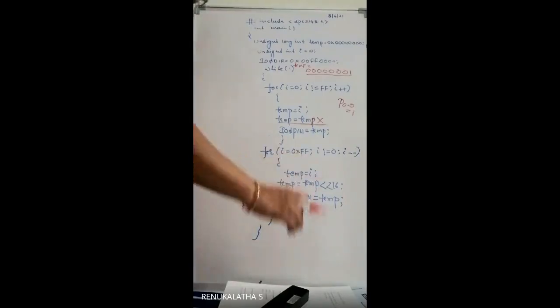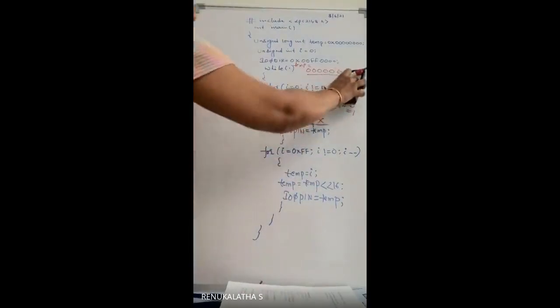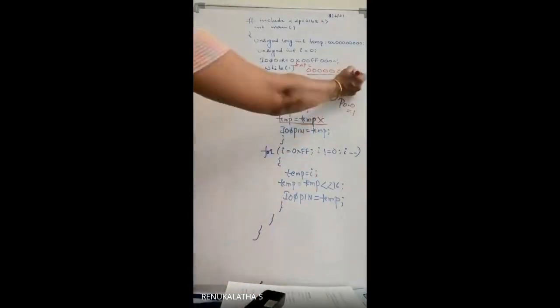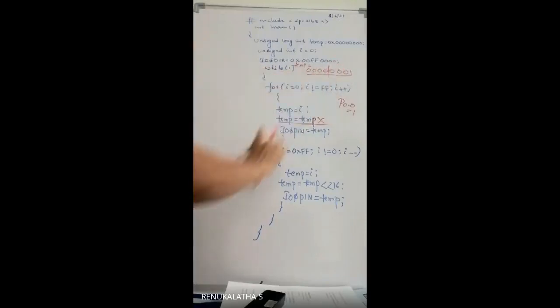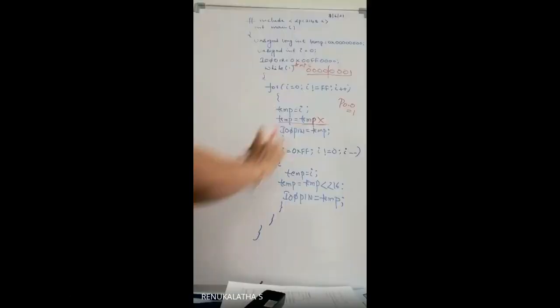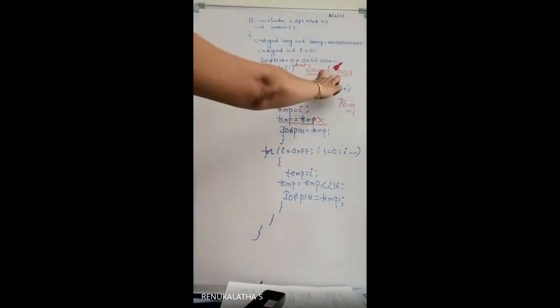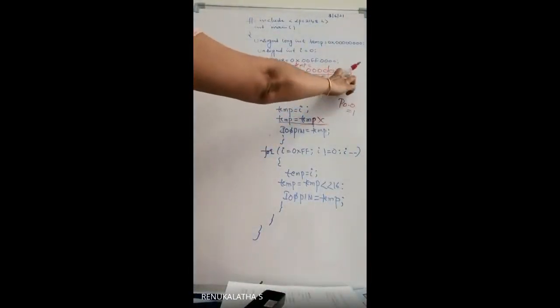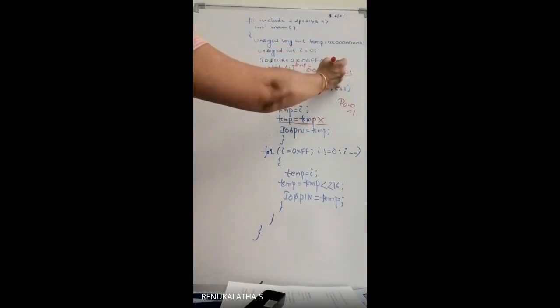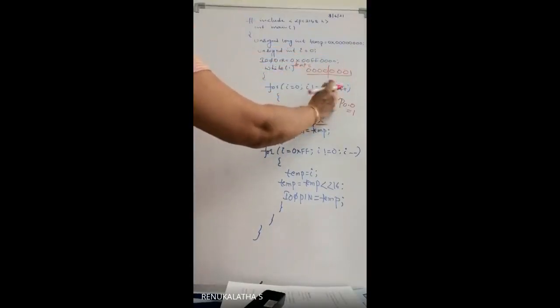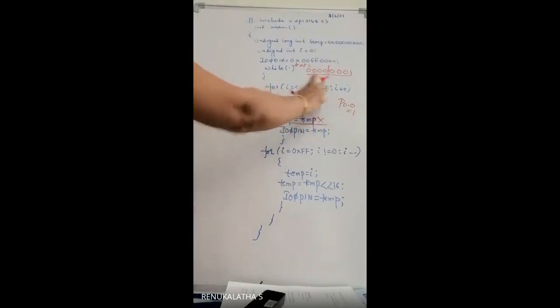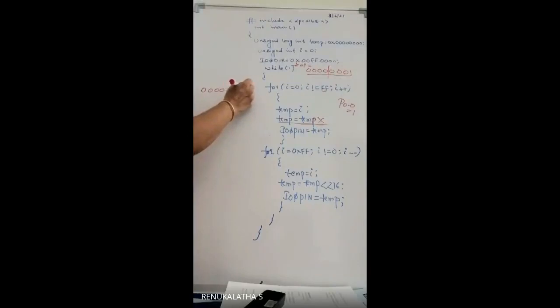Hence we have to shift this value so that this one bit comes to the right place. There are 16 binary bits, 4 hexadecimal digits. After left shifting 16 times, this one will come and sit at the least significant bit of F, that is 0000 0001.